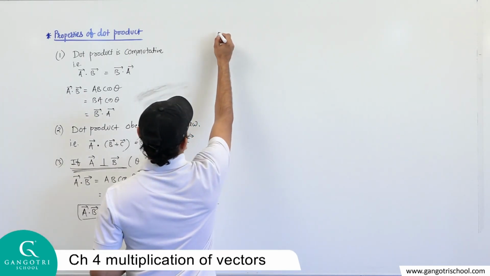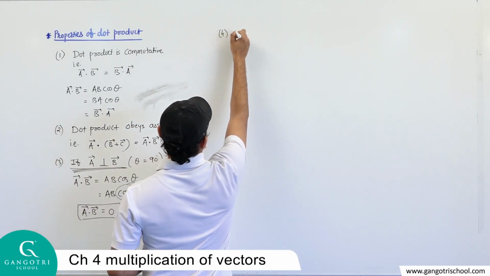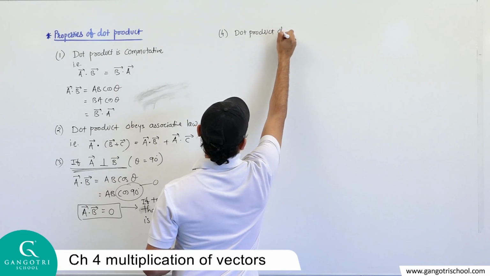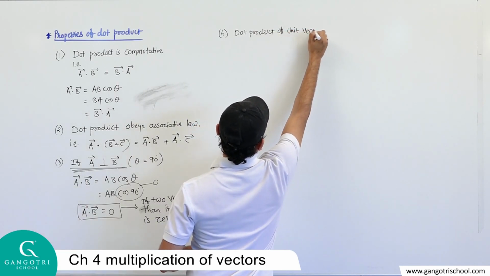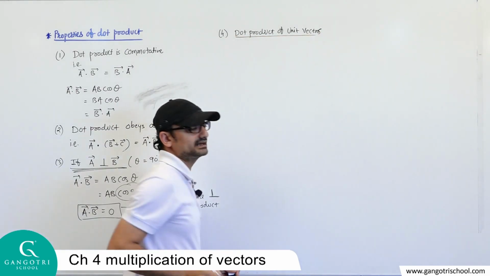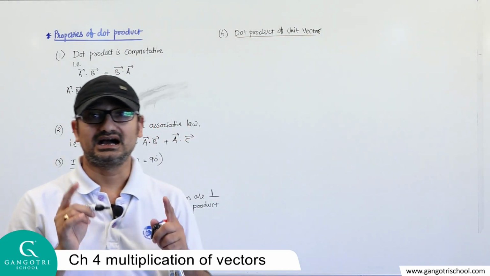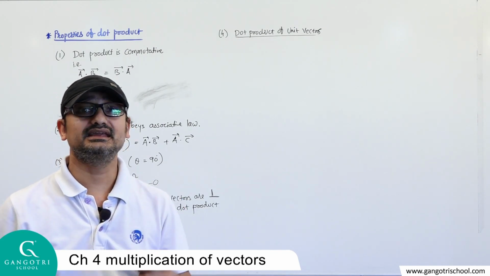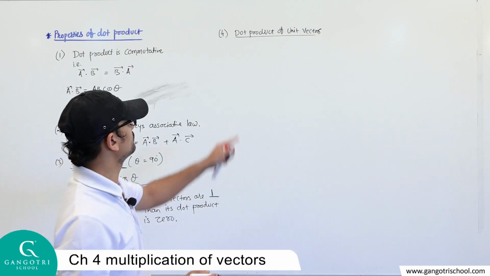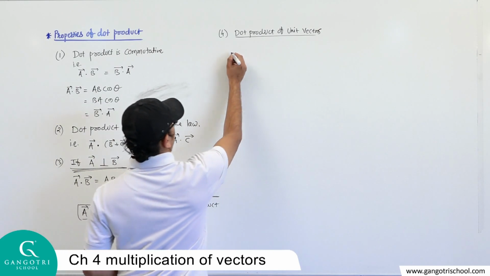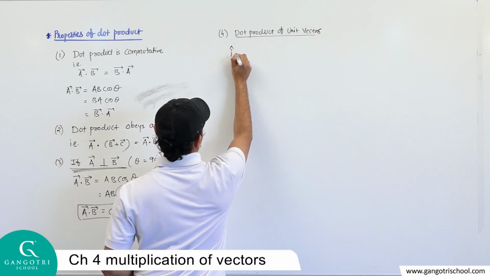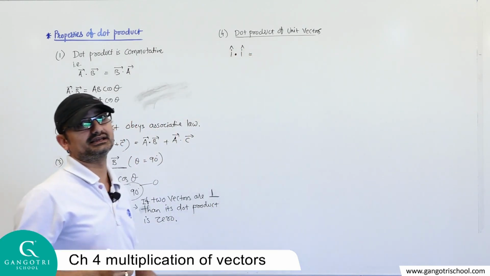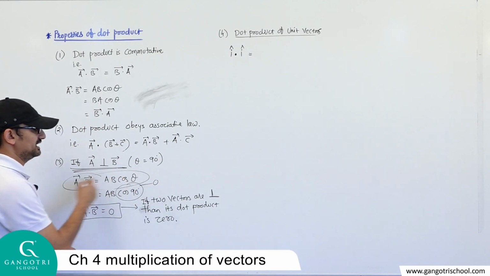Property number 4, dot product of unit vectors. Most important. We know that i caret, j caret, k caret are the unit vectors. i caret is the unit vector in x direction, j caret is the unit vector in y direction, and k caret is the unit vector in z direction. So for the dot product of unit vectors, please observe very carefully. For example, i caret dot i caret. Recall the formula: a dot b is ab cos theta.